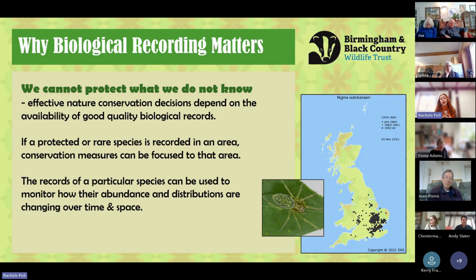So, for example, if a protected or a rare species is recorded in an area, those conservation measures can be focused to that area. And again, we can only know that with the records. Some examples are, we can track whether a species is increasing in distribution or in population, or decreasing, if it's changing its range, and generally how it changes over time.